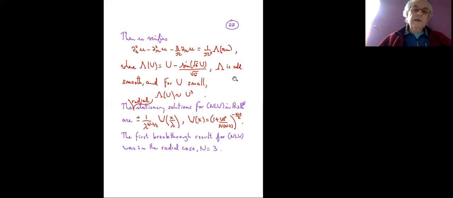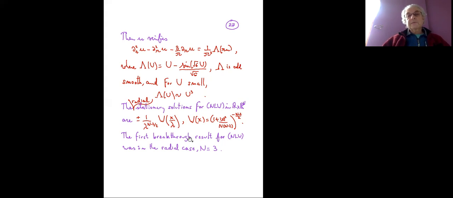So let me now turn for a little while to the nonlinear wave equation in R cross R^n. The radial stationary solutions are given by this explicit formula. These functions are well known in geometry because they arise in the study of the Yamabe problem in differential geometry.